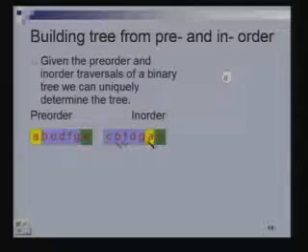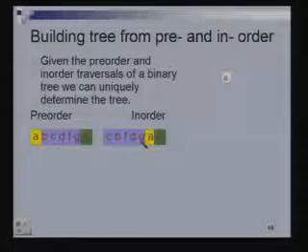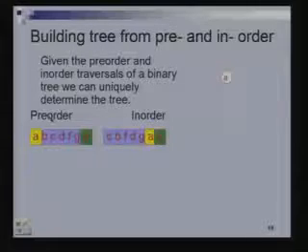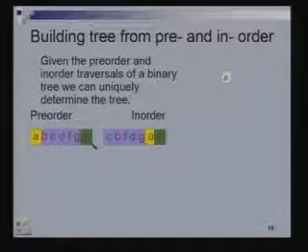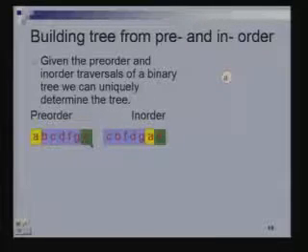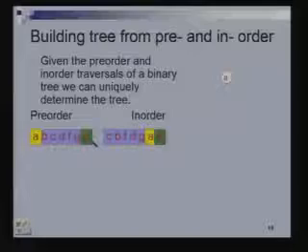So I know that the left subtree has 5 elements in it. This is the information I know. So in the pre-order traversal, the 5 elements following A would correspond to the pre-order traversal of the left subtree. And the 1 element following that would be the pre-order traversal of the right subtree.